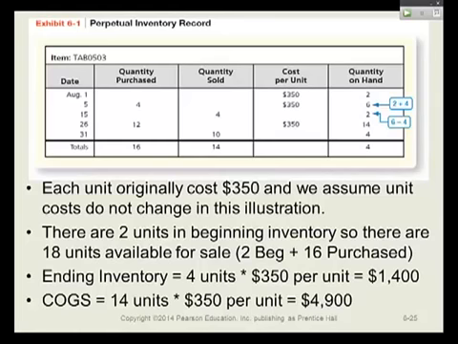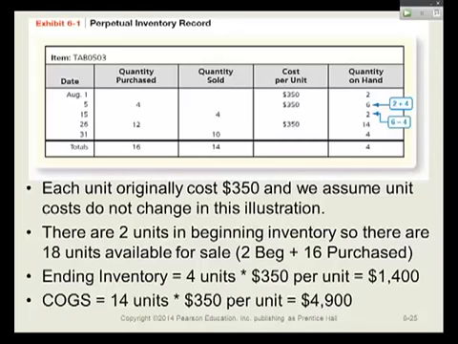All right, so now let me go back. Up on the screen, you can see the unit cost stays at $3.50. 18 units available for sale, and 4 are left at $1,400 or $3.50 each, and then of course 14 at $4,900.